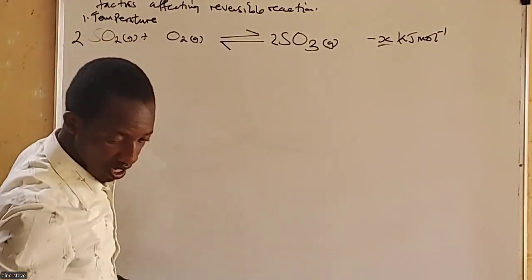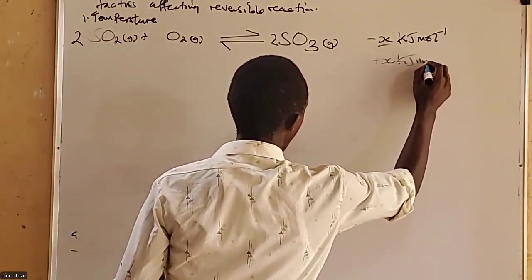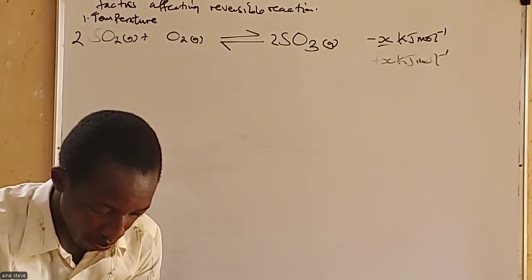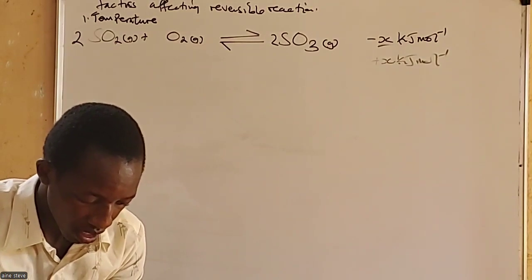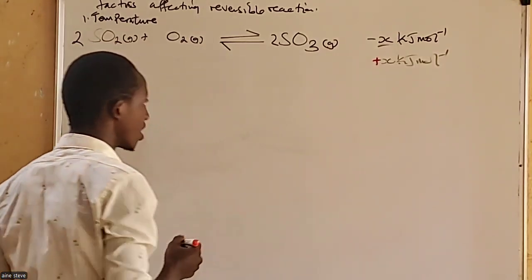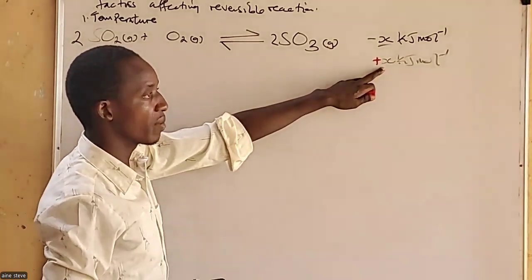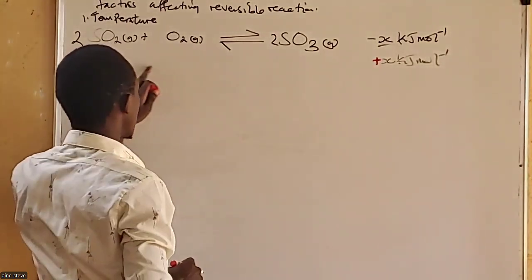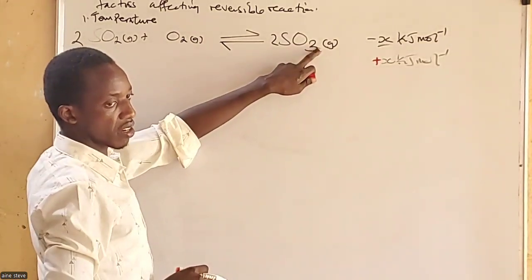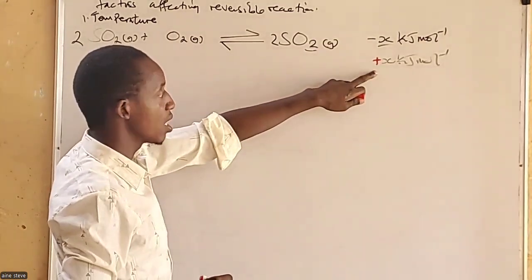So when you are given a value which is positive, kilojoules per mole, then it means that if this is positive, the forward reaction is endothermic. Okay? So means that increase in temperature increases the rate of formation of sulfur trioxide, because the forward reaction is endothermic. What does it mean?